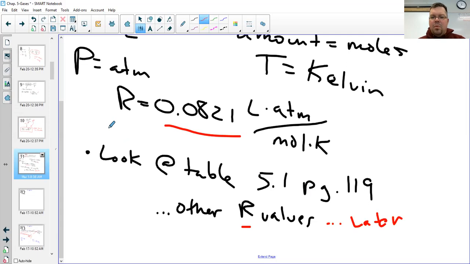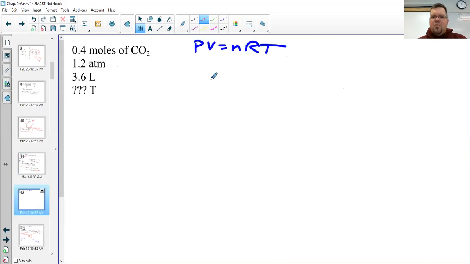Okay, here are the four example problems that are your homework for tomorrow. Right now, I'm going to flip to the screen, and I'm going to talk you through a little bit. So we're going to be working with the ideal gas law equation. You're given the moles, the pressure, and the volume, and they're already in the units that you need.